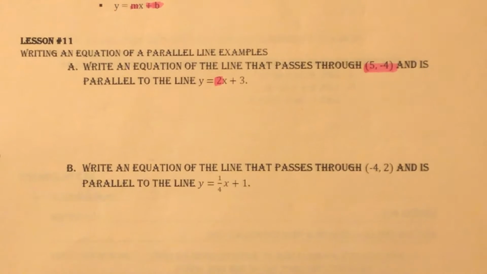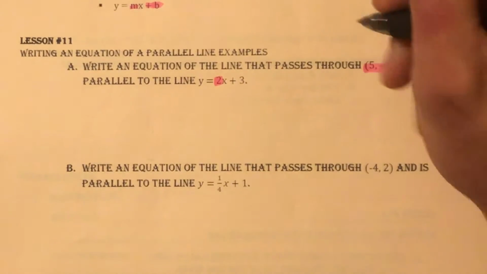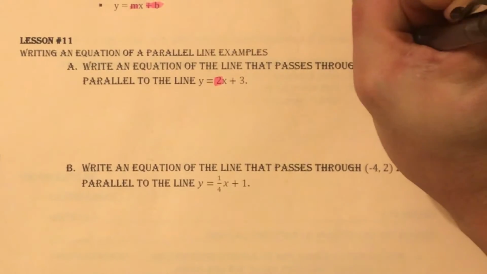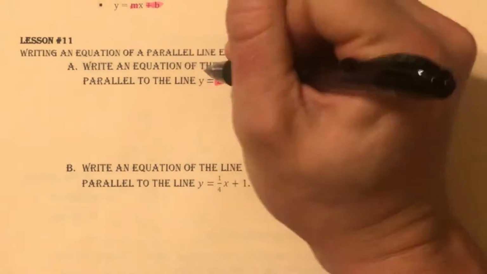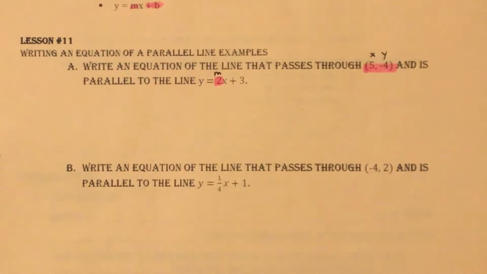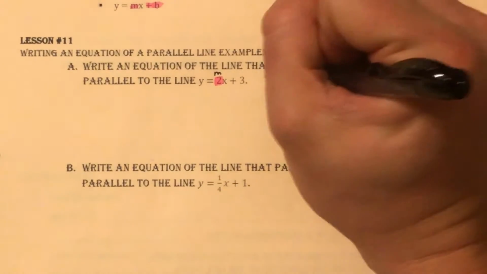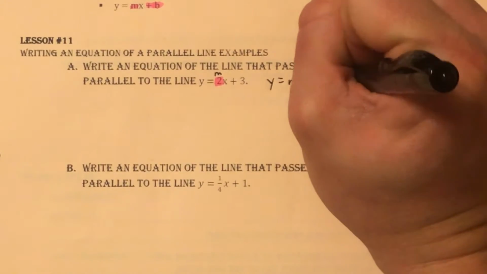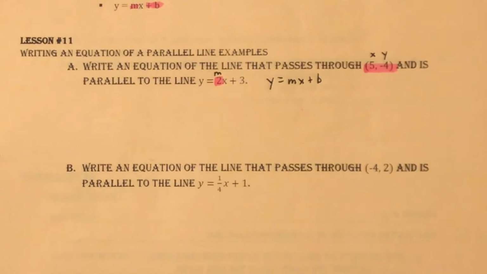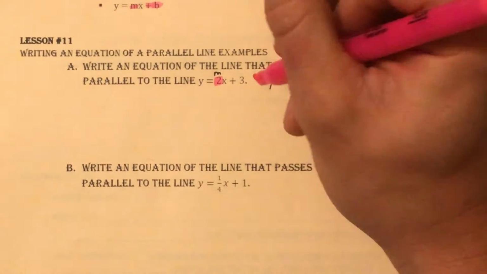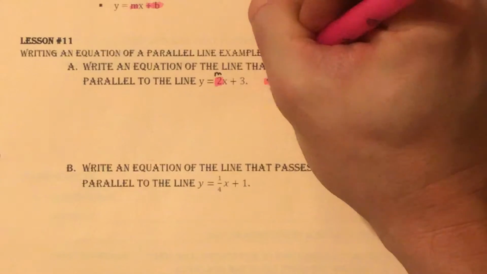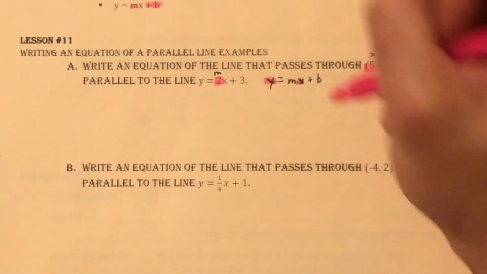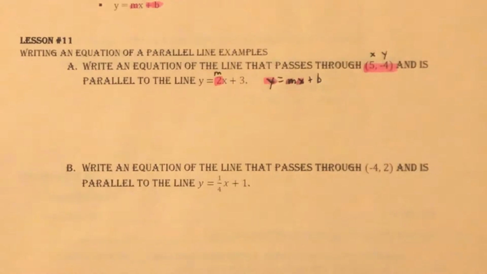So we're going to take the information they gave us, the point 5, negative 4, which is our x and our y, and then the slope of this line, that's our m, and we're going to plug it into y equals mx plus b. The y goes in for y, the x goes in for x, and the m goes in for m, which will leave us with only the b.